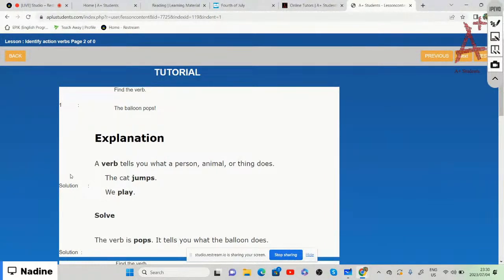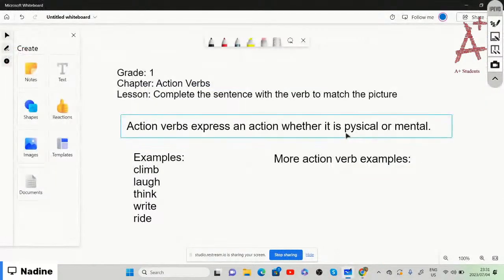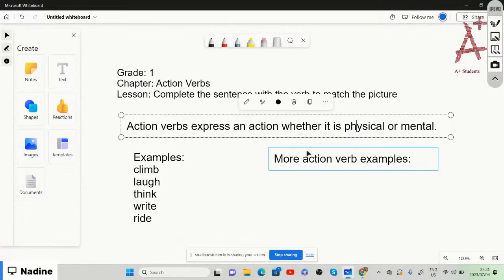A verb can be physical, or it can be mental, meaning you are not physically doing it, but you are thinking it, or doing it in your head. That shows the mental part. But physical is the action that we are doing.